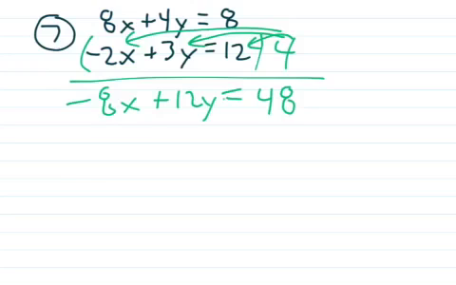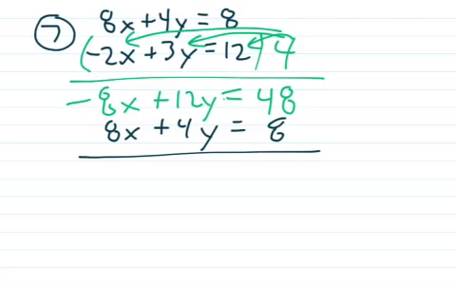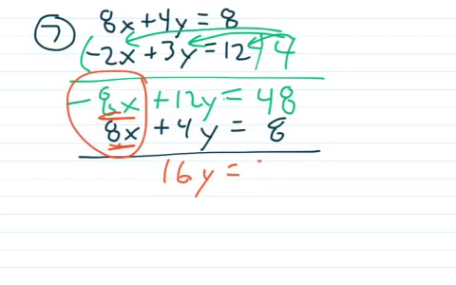Now, just to make sure we don't get confused here, I'm just rewriting the first equation underneath. Okay, so now notice I have 8x and a minus 8x. Again, they cancel out to 0. That leaves me 16y equal to 56.